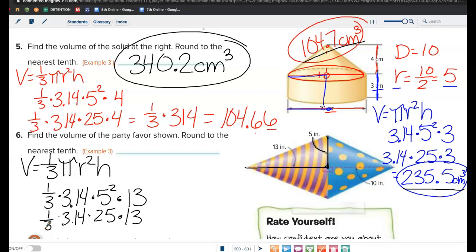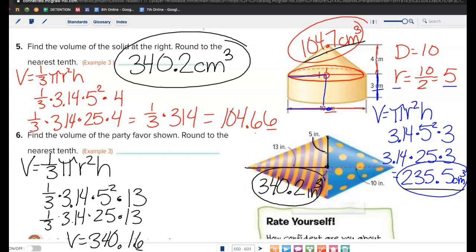And I did it all in one step this time. So I got the volume to be 340 and 1.66666. When I round it to the nearest tenth, the 6 tells my 1 to go up. So the volume of my purple cone is 340 and 2/10 inches cubed.